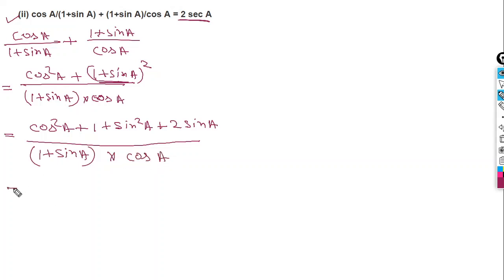Now you see cos square A plus sin square A is there, and you know that cos square A plus sin square A equals 1.